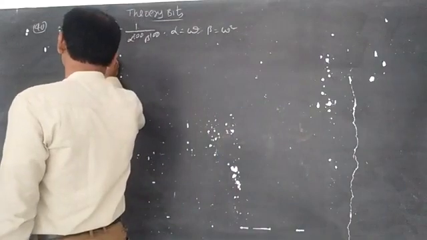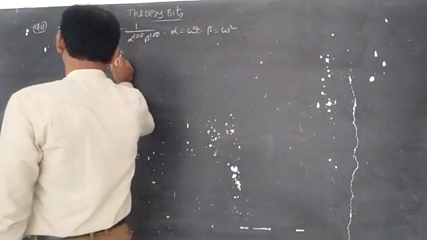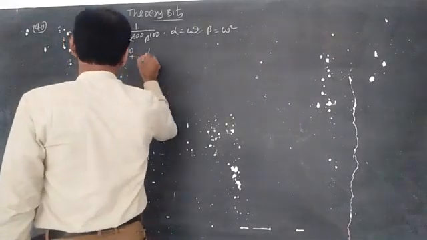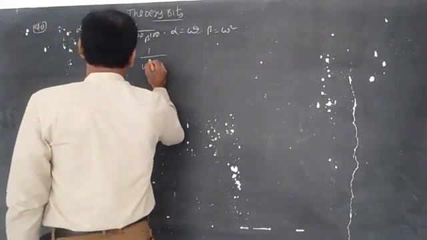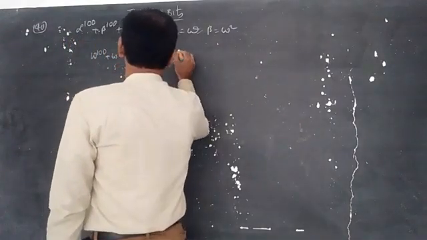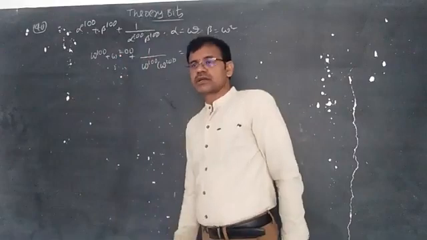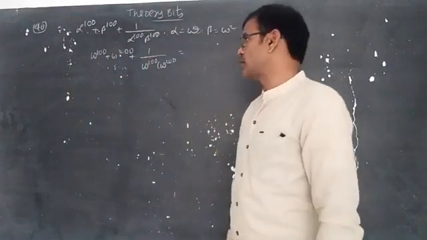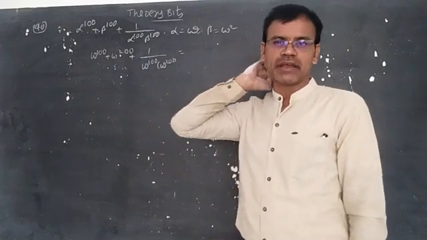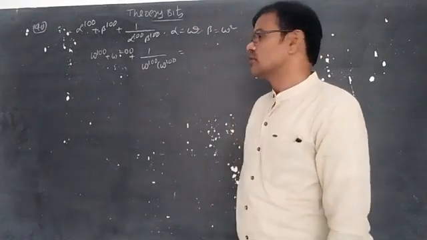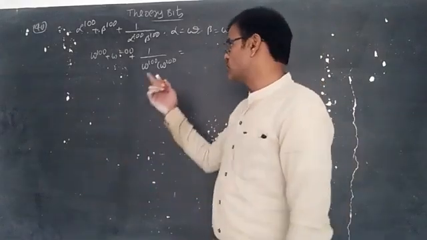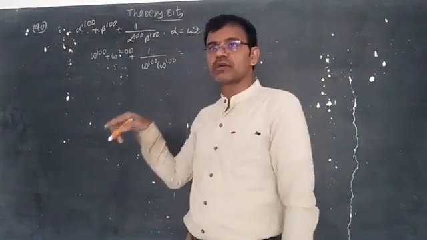Write here omega power 100 plus omega power 200 plus 1 by omega power 100 into omega power 200. One concept we have discussed is that the sum of the roots of unity is 0 whenever p is not a multiple of n. Whenever p is equal to kn, it is a multiple, and we have discussed that otherwise it is not.